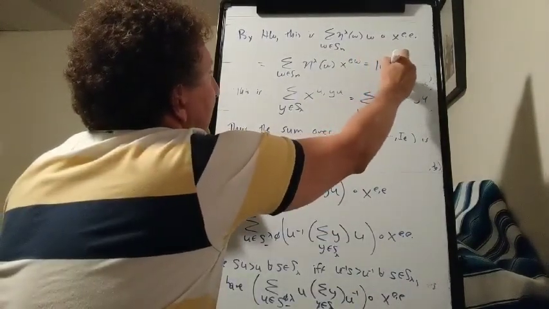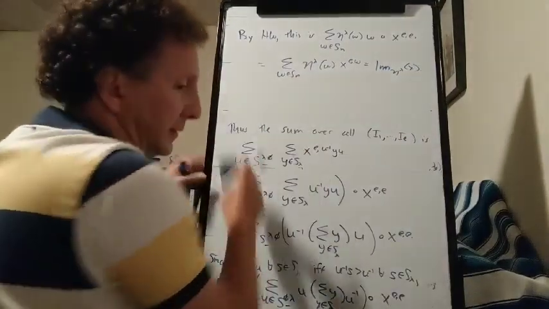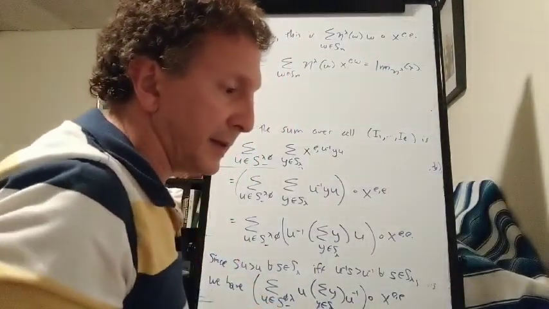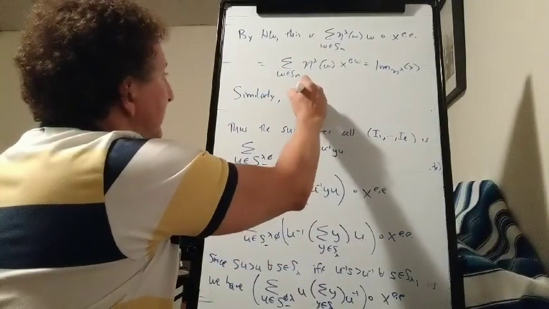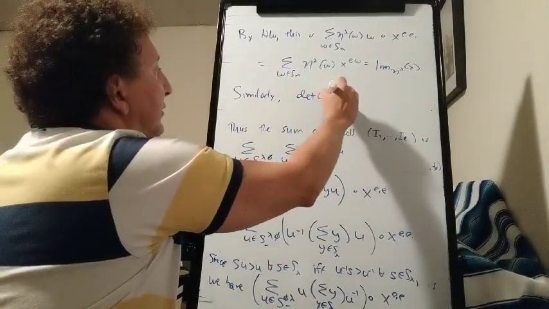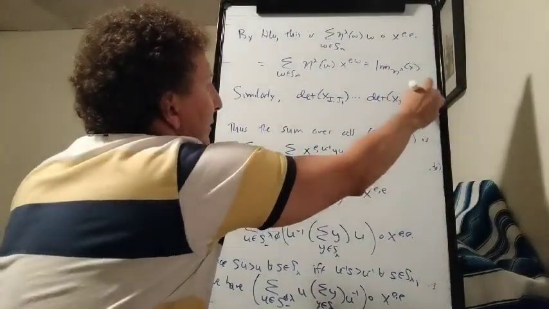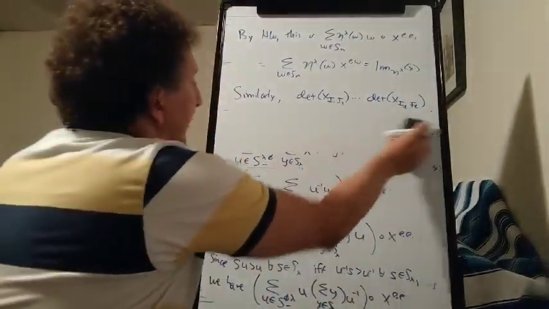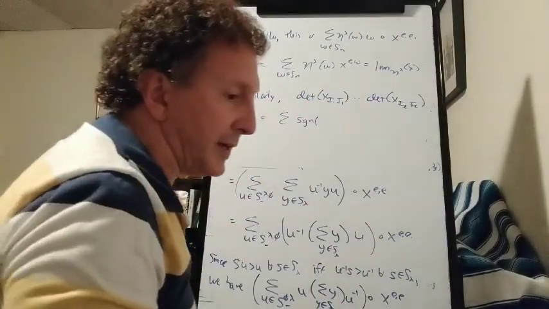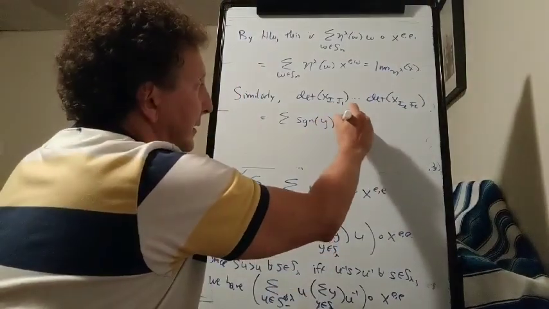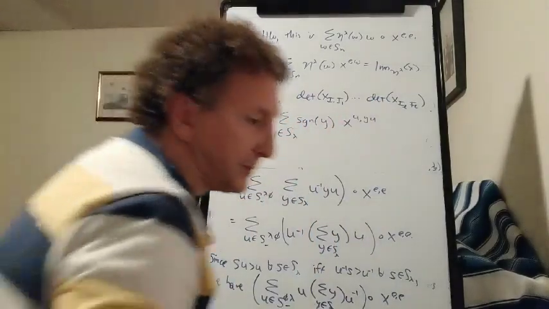That is the eta lambda immanent of x. And similarly, if we look at the determinant of x I1 times up to the determinant of x IL, that's a sum of sign of y, x, u y u, where y varies over everything in the Young subgroup.